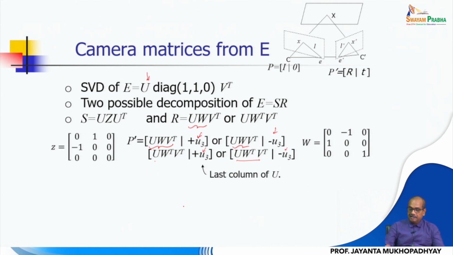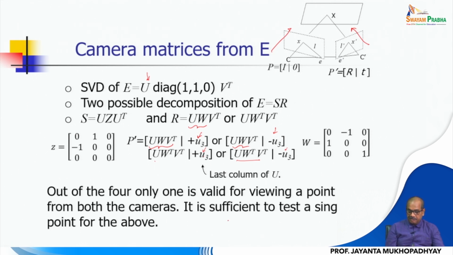Now, the scene point must be in front of both the cameras. We already know from our earlier discussions of projection matrices how to determine the front-looking space, and out of these 4 only one will satisfy the condition that both cameras point in the same direction toward the same scene point. So, it is sufficient to test a single point for this.